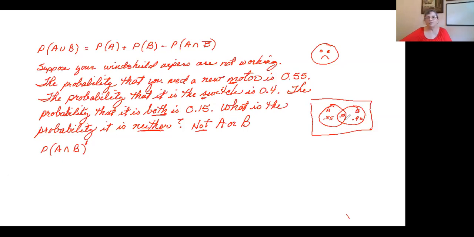But what we're looking for is neither. So we're actually looking for this out here. So what we want to do is take the union of A and B and then subtract that from 1 to see what's left.